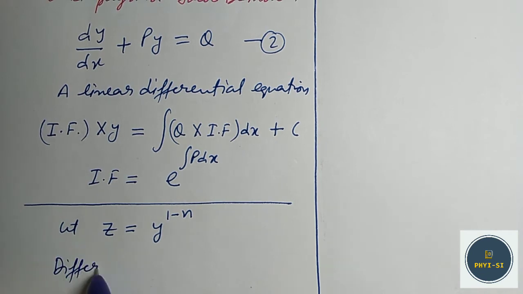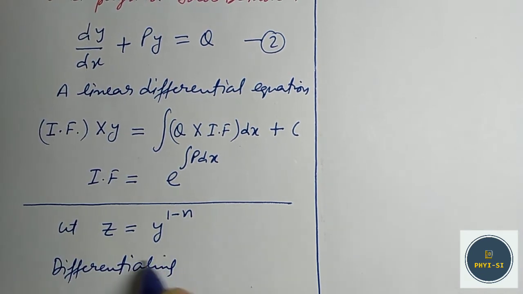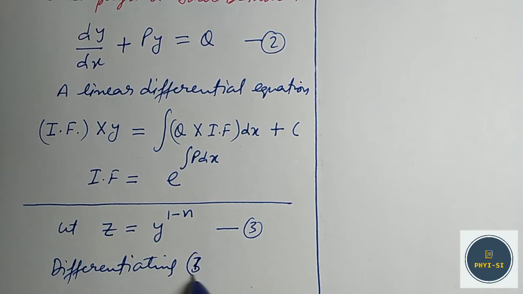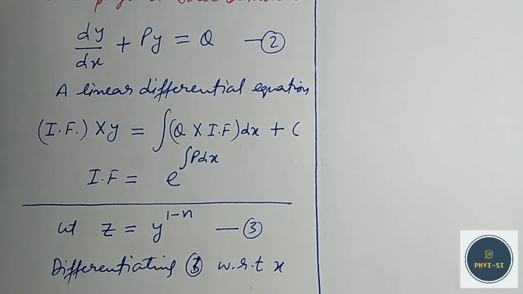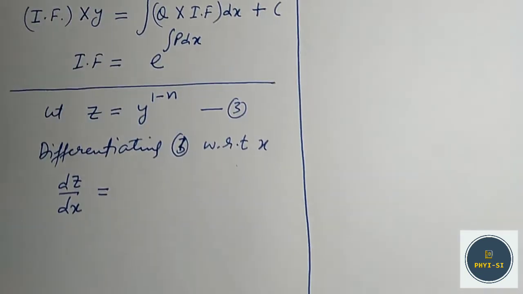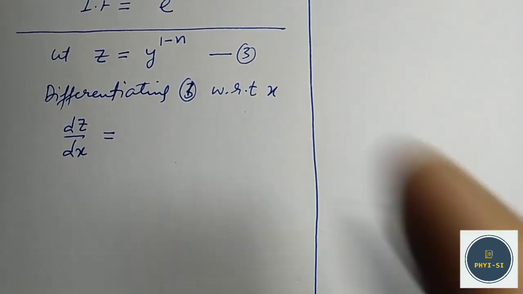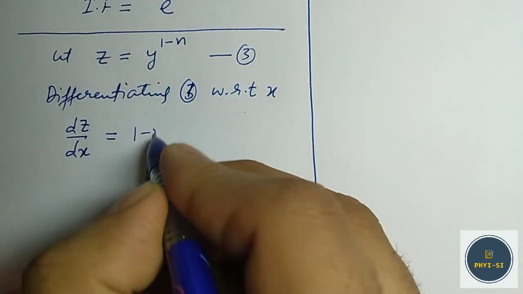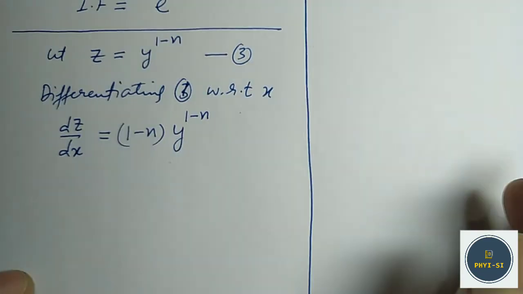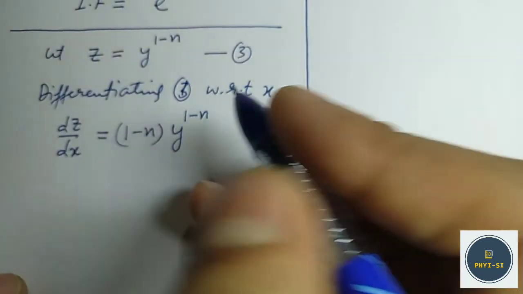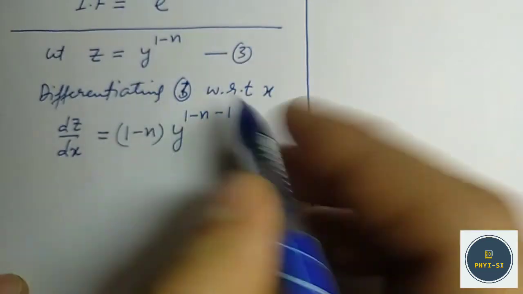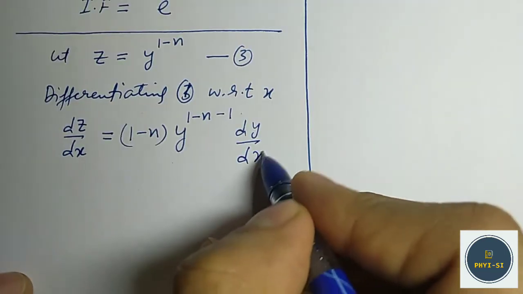Let's say it is equation number 3. Differentiating 3 with respect to x, then dz by dx is equal to 1 minus n into y raised to power 1 minus n minus 1, and then again dy by dx.